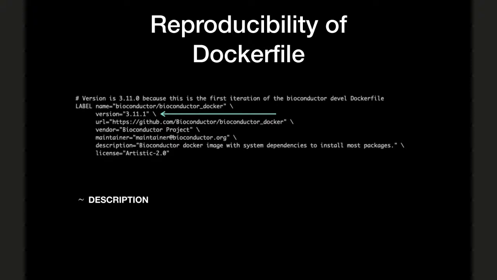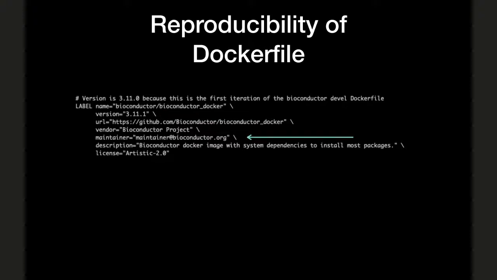It says 3.11, and then the .z, where it says 3.11.1, represents the version of the Dockerfile itself. So if people need to use a specific version, okay, I need to change that screenshot because it says 3.11.0 up top and then 3.11.1 in the version number, but I'll change that. But it gives you a way to know which image you're using if you use the command docker inspect.